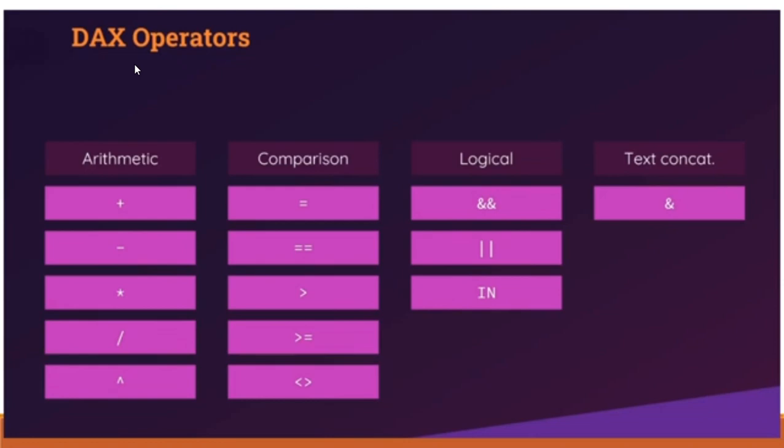The double ampersand operator is nothing but the AND, where two or three conditions, whatever it might be, where all the conditions should be met, then you will use the double ampersand symbol. If either of the conditions should be met, then you will use the double pipe operator. It is nothing but the OR operator, and double ampersand is the AND operator here.